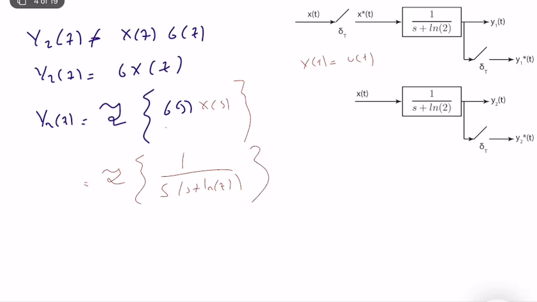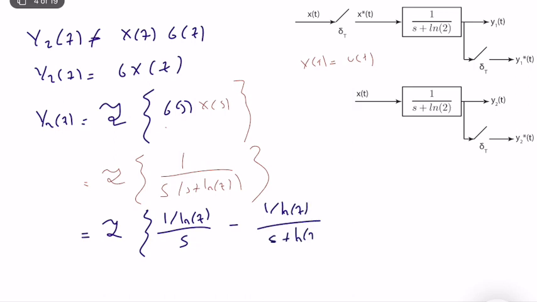What I need to do is take the partial fraction expansion in the s domain. It is equal to 1 over ln 2 divided by s, minus 1 over ln 2 divided by s plus ln 2. So I have a Laplace transform equation.